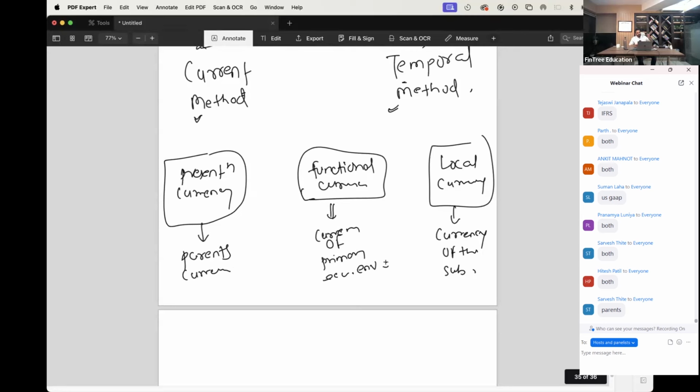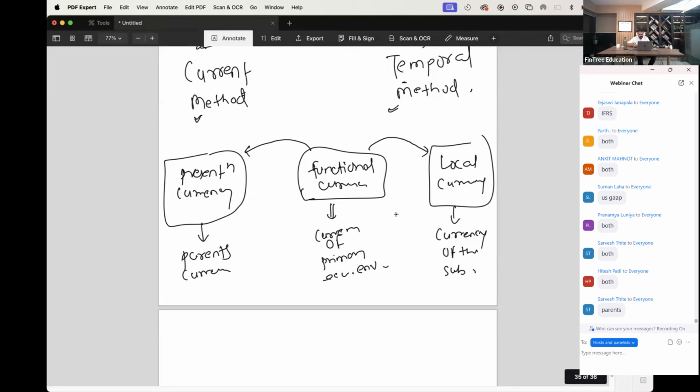And it's up to the company to decide what is their functional currency. The management will decide that this is my functional currency. Your functional currency could either be the same as the currency of the parent, or the same as the currency of your subsidiary, or it could be altogether, in theory, a different currency.